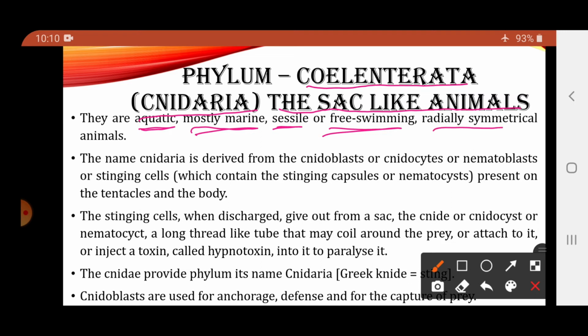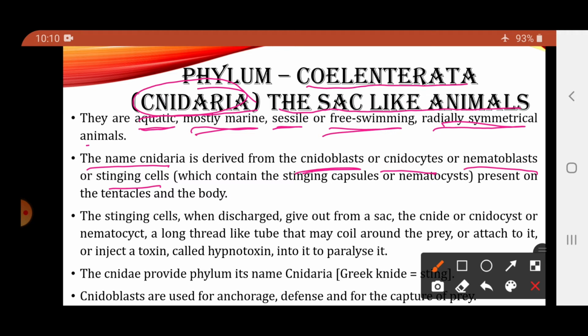And which type of symmetry do they have? Radial symmetry. It means any plane passing through the center divides the body into equal parts. Now they are given the name Cnidaria. How? The name Cnidaria is derived from the cnidoblasts or cnidocytes or nematoblasts, the stinging cells.